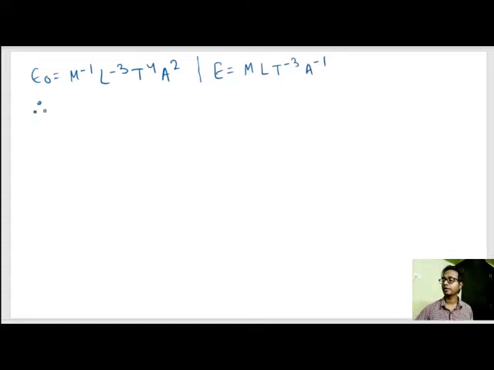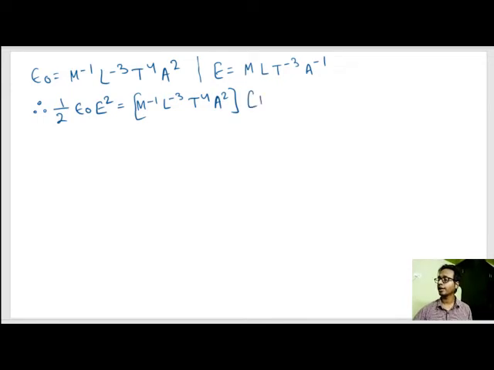Therefore, half epsilon naught into E square would become, half has no dimension, it is a number, m to the power minus 1 L to the power minus 3 T to the power 4 A square into m L T to the power minus 3 A to the power minus 1, whole square.